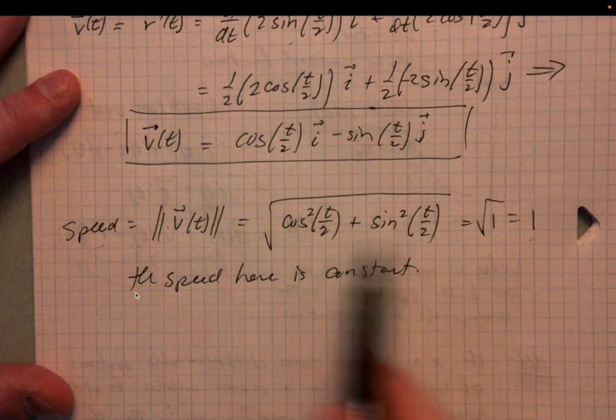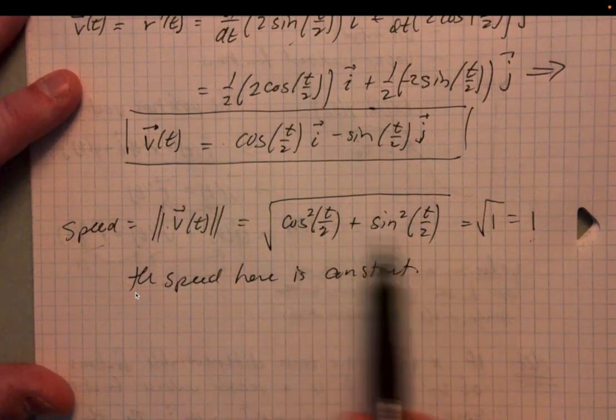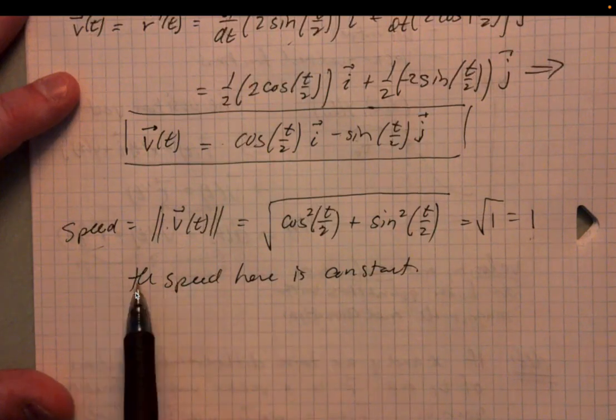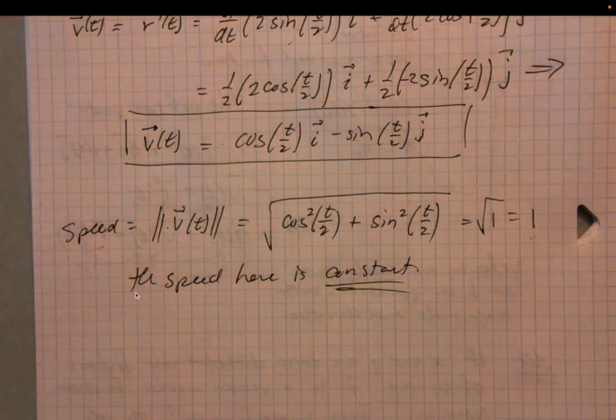The t's disappear in the expression because of the Pythagorean identity that's coming into play here. So the speed here is constant. This particle that's moving has a constant speed. Its velocity is not constant, but its speed is. So its speed is always the same, but its direction may be changing.